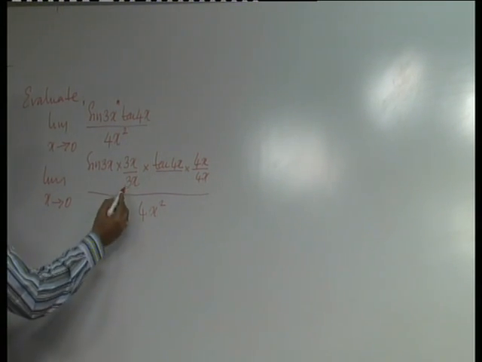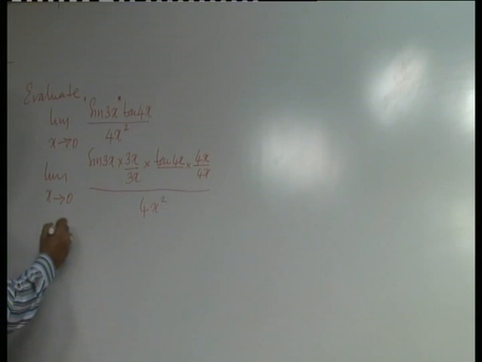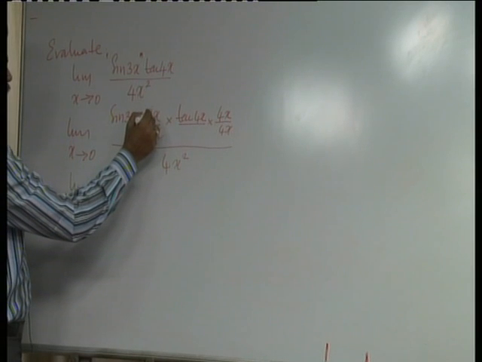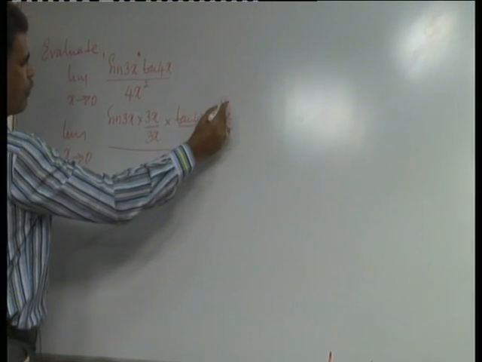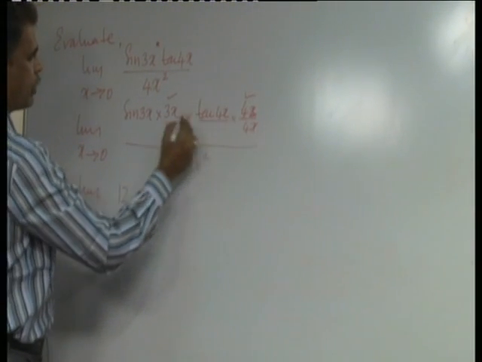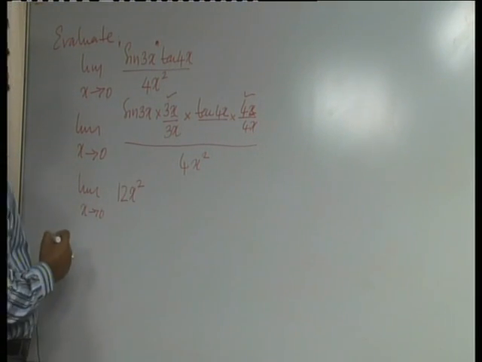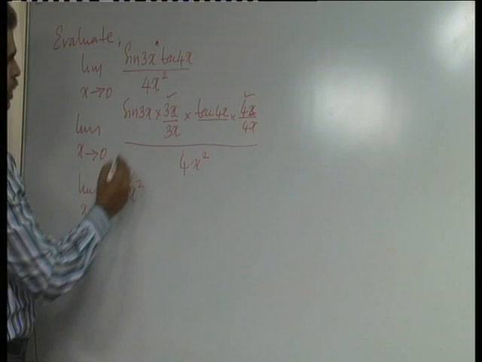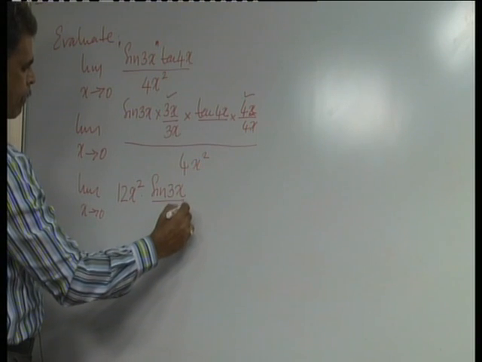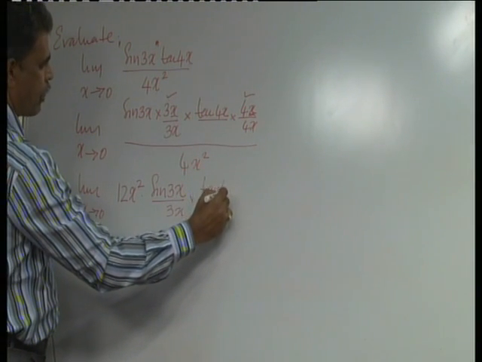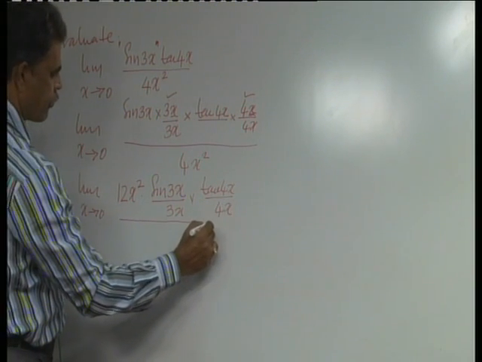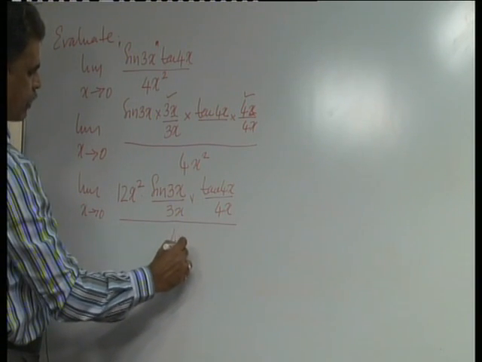right. Then I will rewrite this as limit as x tends to 0, I take this 3x into this 4x, 4 into 3 12, x into x is what? X square. It is taken separately and other things are taken in the standard form, sin 3x divided by 3x into tan 4x divided by 4x all divided by 4x square.